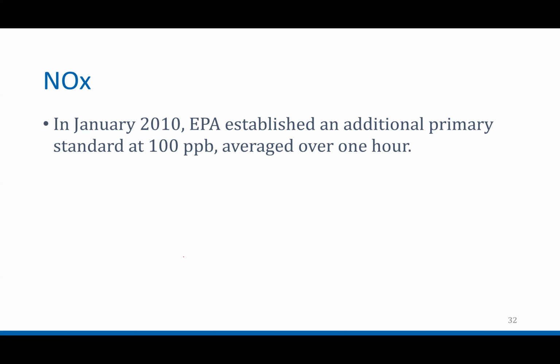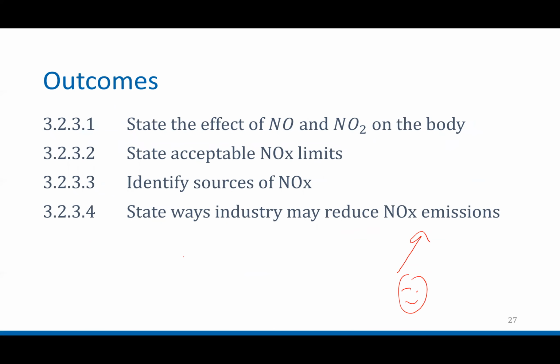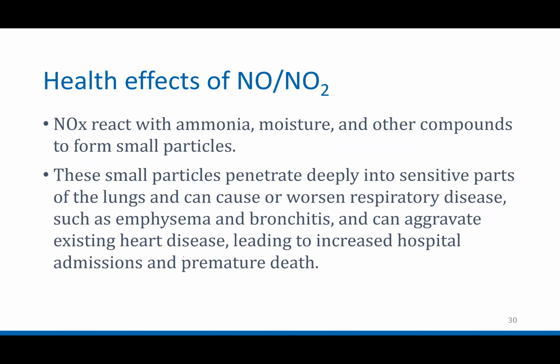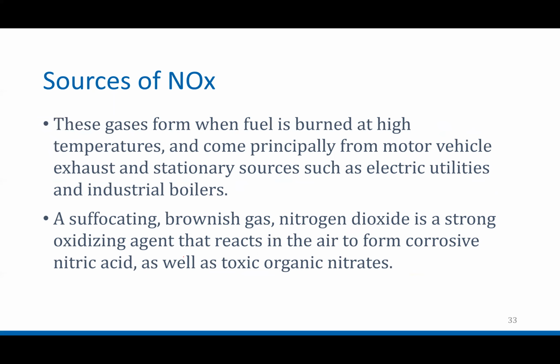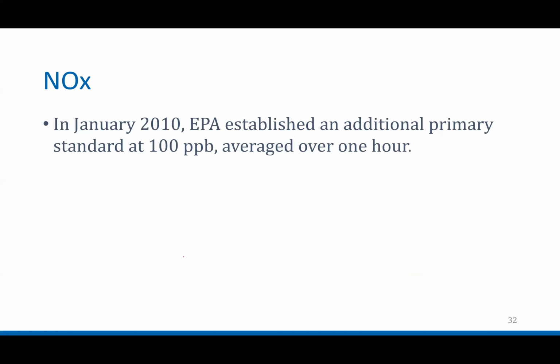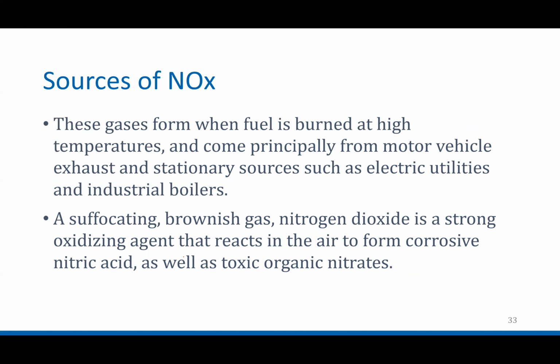If and when you work with environmental health and safety, you'll have a book or the internet that has all this information. But just know the differences between the gases and maybe where they come from and how we can reduce the emissions. You don't need to worry about the numbers. So we have 35 parts per million. So I think it was 75 parts per billion and now 100.